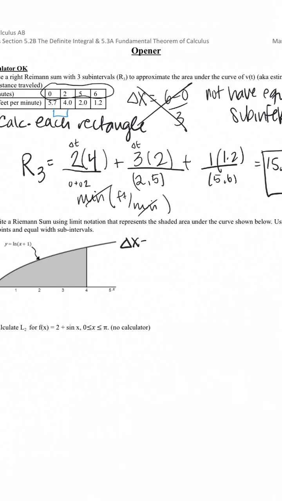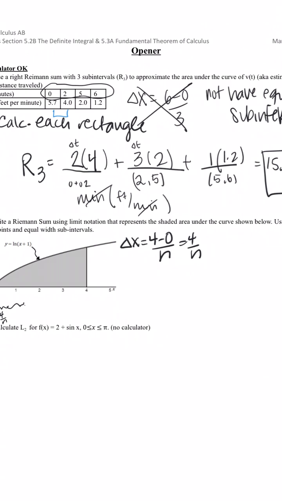Delta x is going to be 4 minus 0 all over n, so 4 over n. I'm starting at 0, and I'm going to go 4 over n, and I'm going to do that every time.